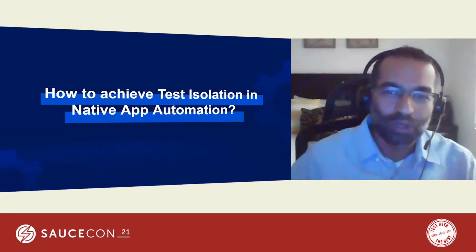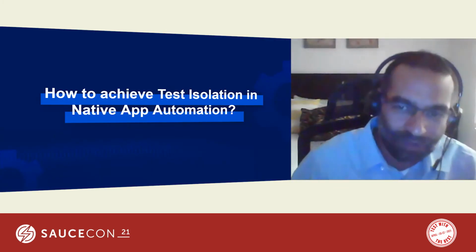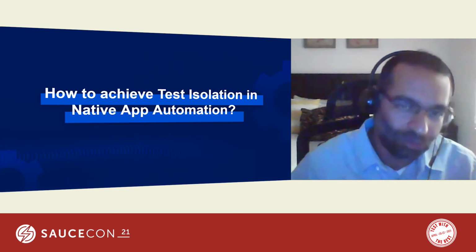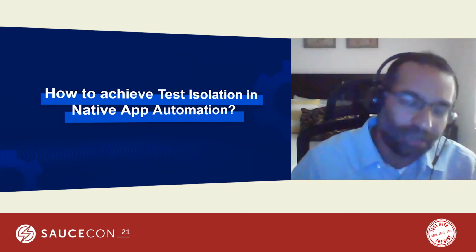Going back to the topic, more specifically, I want to talk about test isolation and how we can achieve that in native apps automation. In the next few slides, I'm going to talk specifically about test isolation in native apps automation.